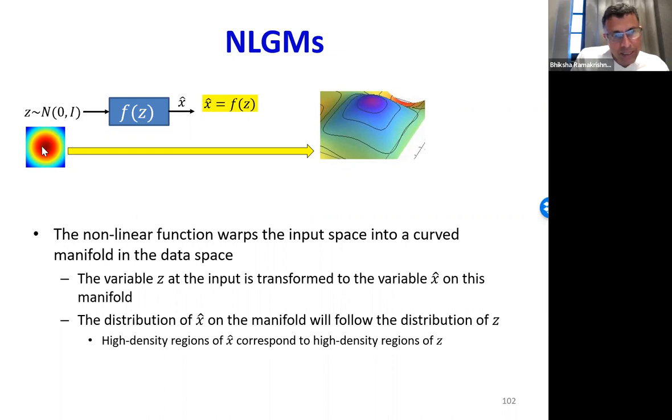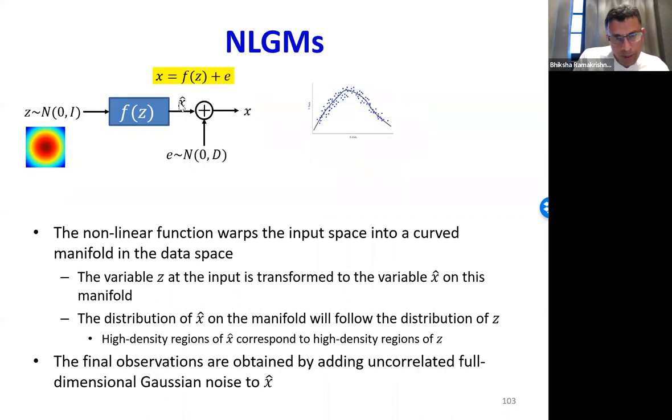So high density regions over here are going to get mapped into high density regions in this space after they have been transformed. And then the final observations are obtained by adding uncorrelated full dimensional Gaussian noise, right?